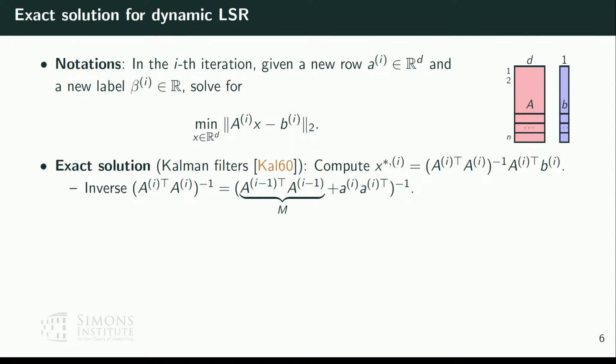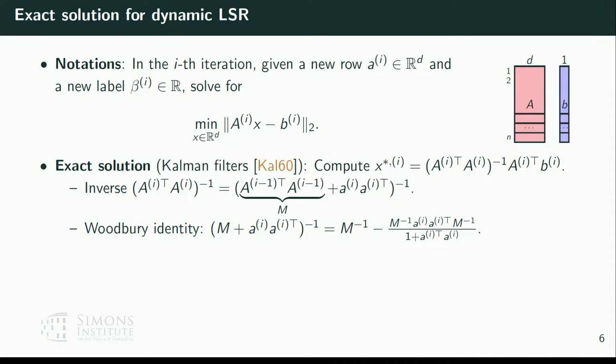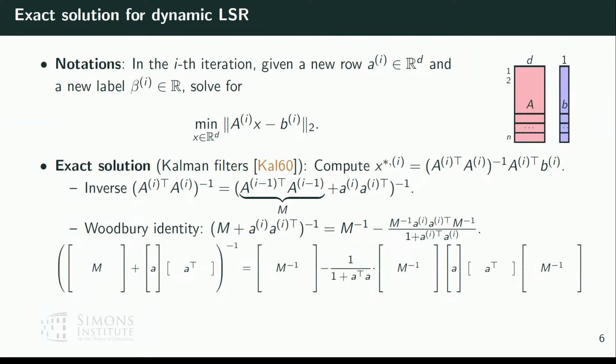But luckily, from the inverse that we already have in the previous iteration, this is just a rank 1 update. So we can use the Woodbury identity for matrix inverse. That basically says it suffices to just compute a matrix vector product in order to update this inverse. And this takes d squared time. So this is also the algorithm that would work for any update.